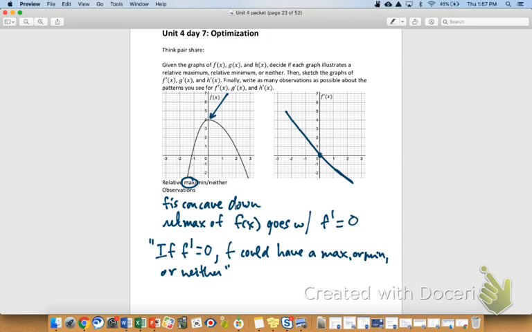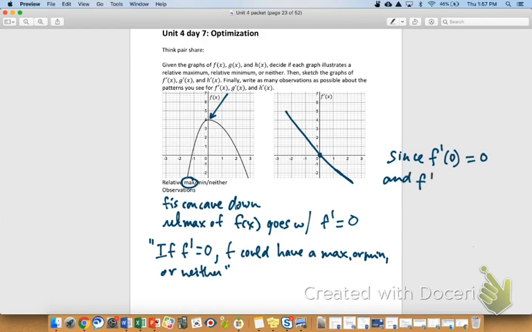So since this was a relative maximum, let's see if we can add to this a little bit and get to a place where we can say this is where we have a maximum. So I'll start you off here. I'm going to say, since f prime of 0 equals 0, right? We all said there was a relative max there at 0, and that went along with that 0 on f prime. Since f prime of 0 equals 0, and f prime does what?